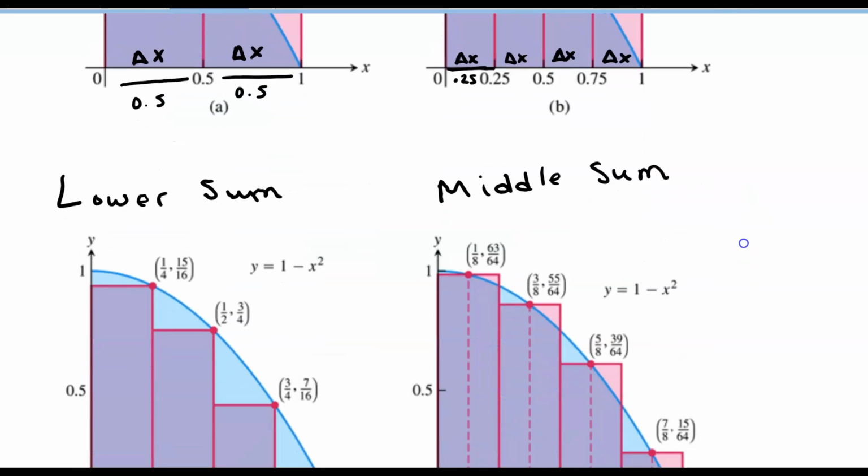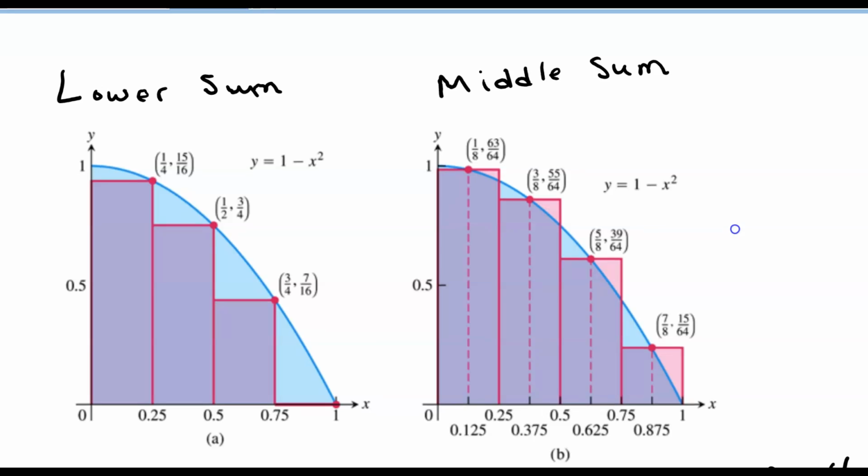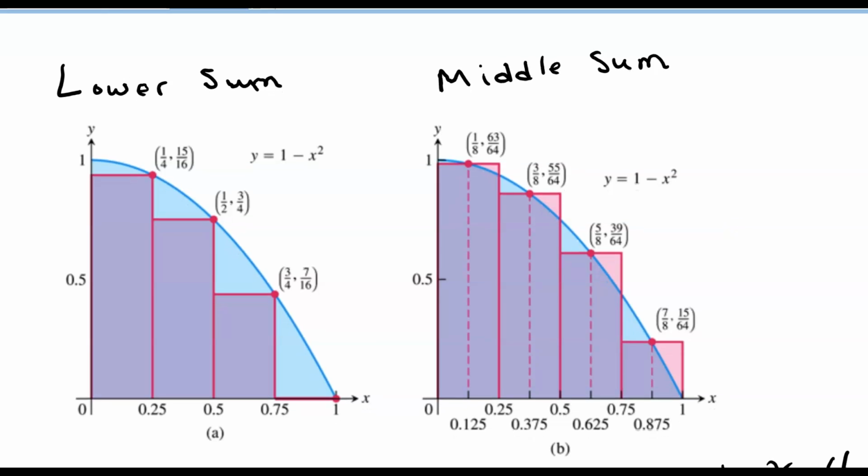Now let's take a look at the lower sum and then the middle sum. For the lower sum, this one was subdivided into 4 regions. Of course, you might only be seeing 3 rectangles, but notice here at 0 to 0.25, for example, let me pick a different color, maybe red. If you look along this area, this is the maximal and this is the minimal value.